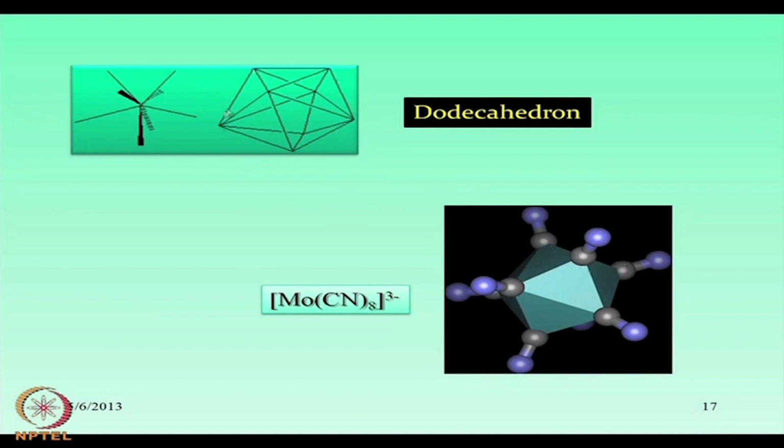This 5 is from this pentagonal part, the periphery of this molecule is the pentagon, so the pentagonal face is visible. Then we have this one particular point. Here we also have the pentagonal face, and this is the other one. So 5 plus 1, 6 groups we see, and 2 are on the back side. This is the first one and this is the second one. These are also slightly visible. This is the one and this is the other one.